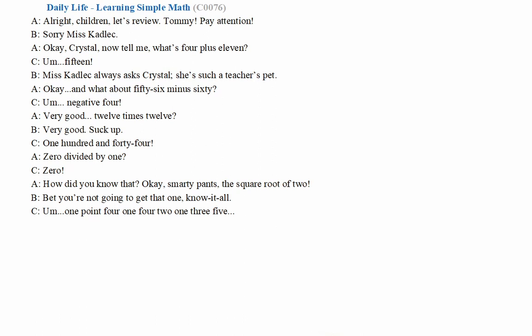Very good. So after division, the teacher was very impressed, and now she asked a very hard mathematical operation, especially for a girl this age. The square root of 2. The square root of. So let's give some examples to show what the square root is. Okay. So if I ask you the square root of 9. 3, right?